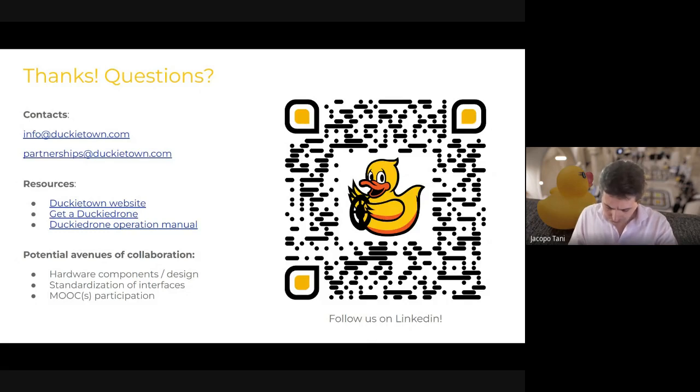Now, your second question was related to the list of countries. It's a little bit challenging for us to maintain this list because it changes, of course, dynamically. But if you go on our website, and this is a very funny thing because I'll tell you later. Maybe Davide, you can pull up duckietown.com on your computer if you can.